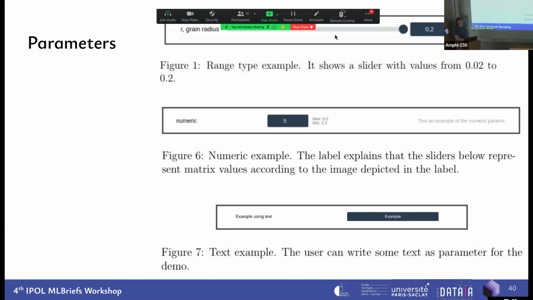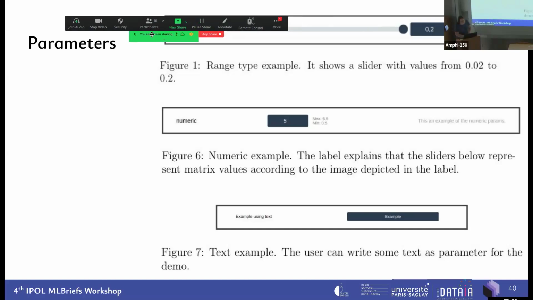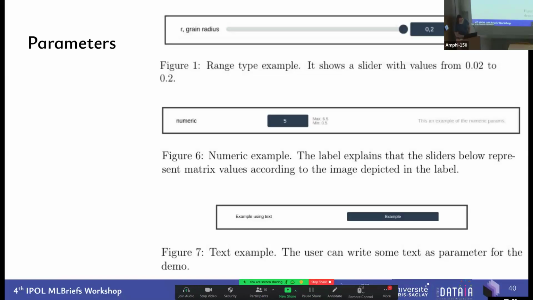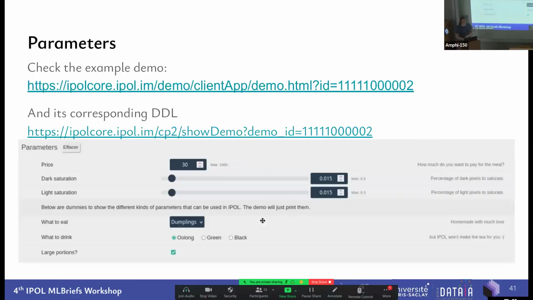So again, here, those two are actually the same thing displayed differently. Here, you can provide the user with the option to write a short text. And there are even also options to write longer text. So there are a lot of different possibilities.